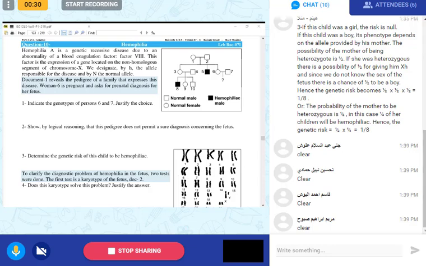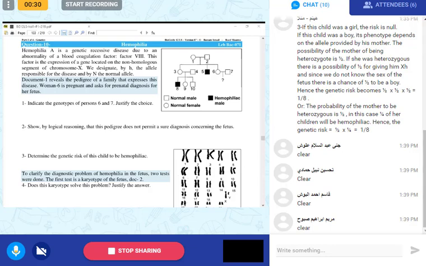So the chance for this mother to be heterozygous is 1 over 2, because this mother is going to be either XN XN or XN XH. Then, the chance that she can give as a gamete XH is also 1 over 2, because in her gametes it could be found XN or XH.